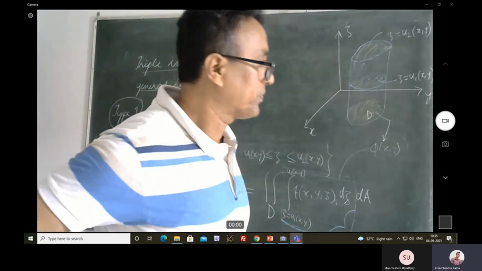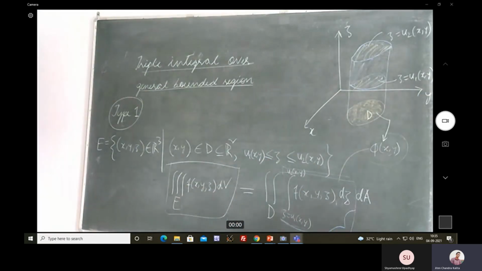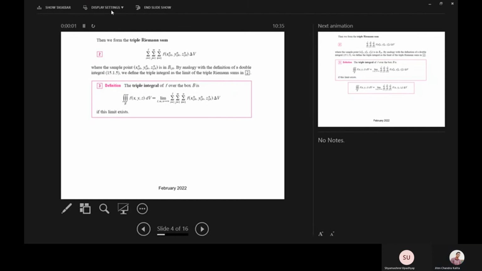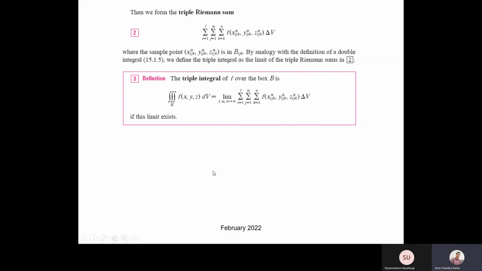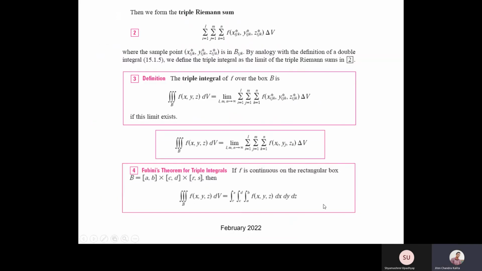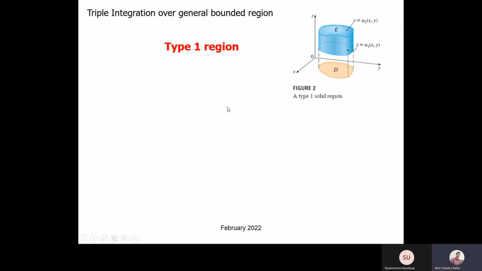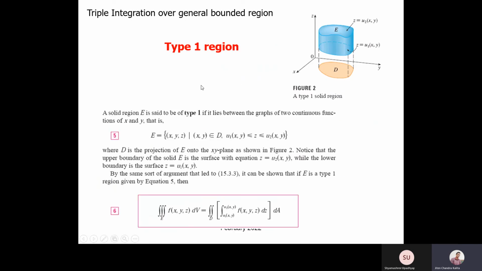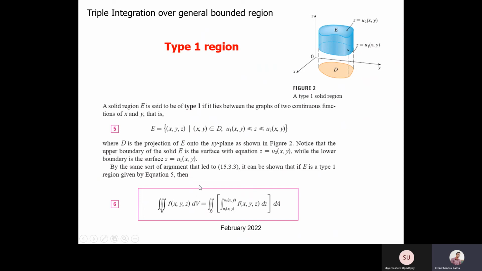Again, I'm going to show you some slides. This we have already explained. This is the type 1 region, and this is the way we are going to perform integration.